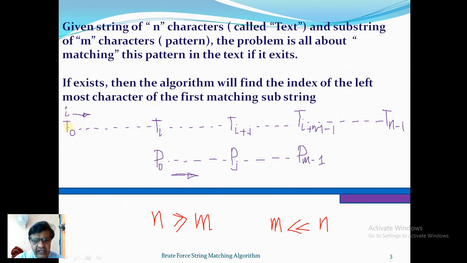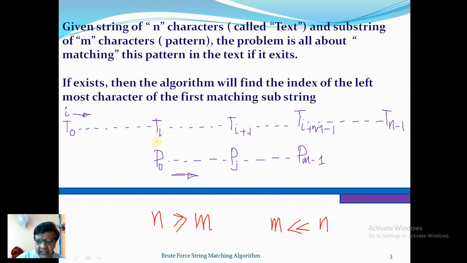That is the output of the algorithm. Here is the text, which starts from t0 and goes to tn-1, and here is the pattern. In the pattern matching exercise, the pattern has moved till here, aligned with respect to ti. This has also reached the ith location over the text, and here is pj, some other character in between, and this is pm-1.